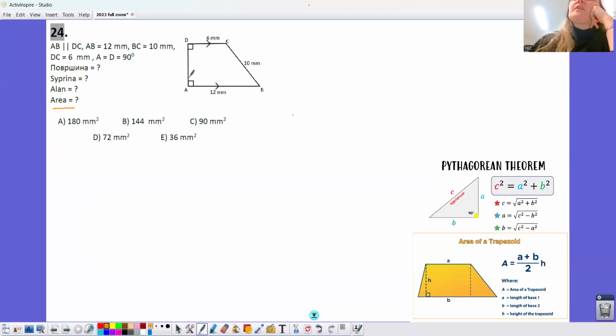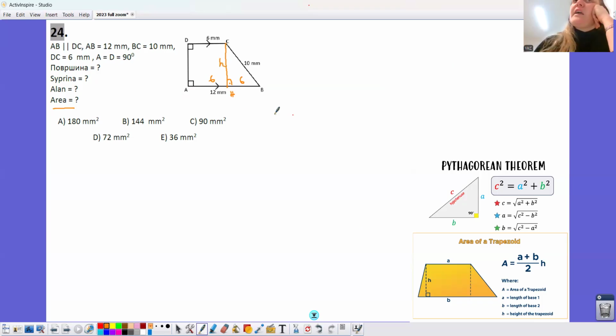Because this part is given that it is 90 degrees, when I draw the height from the point C, this one will become a rectangle. If this is 6 millimeters, also this part from A to H, let's say this is H, will be 6. If this is 6, from H to B, to make it 12, also this one will be 6.